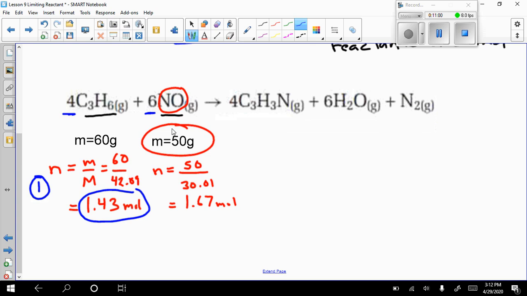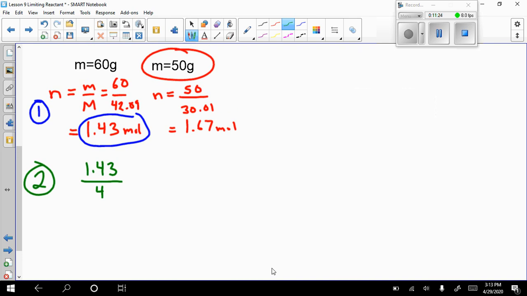So the second thing we've got to consider, and I'm going to change colors here, is that in order to compare them, I need to divide by those coefficients. So I need to take this number of moles that I calculated first, and then I've got to divide by the coefficient. Okay, and that's going to equalize.